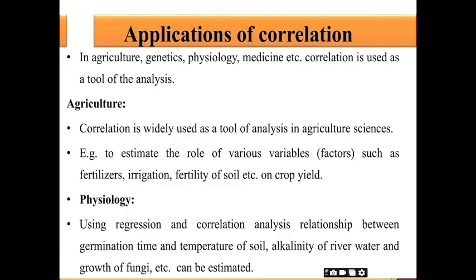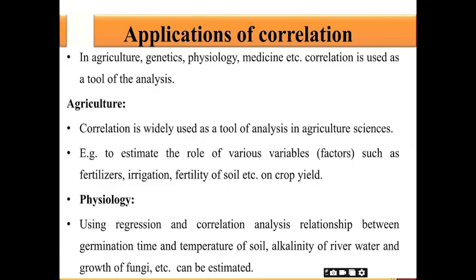Now let's see the correlation applications, where it is applied. In agriculture, genetics, physiology, medicine, etc., correlation is used as a tool of analysis. In agriculture, correlation is widely used as a tool of analysis in agricultural sciences.